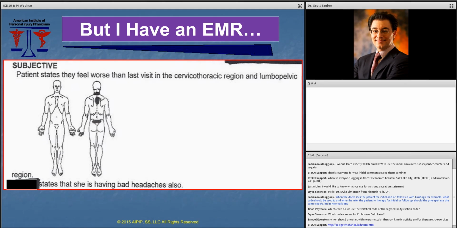I get questions all the time about EMR. I'm not going to go down that path, but let me just tell you this: no matter which one you have, you do have to spend some time with it and customize it for your practice, because they're not going to be helpful for you right out of the box.